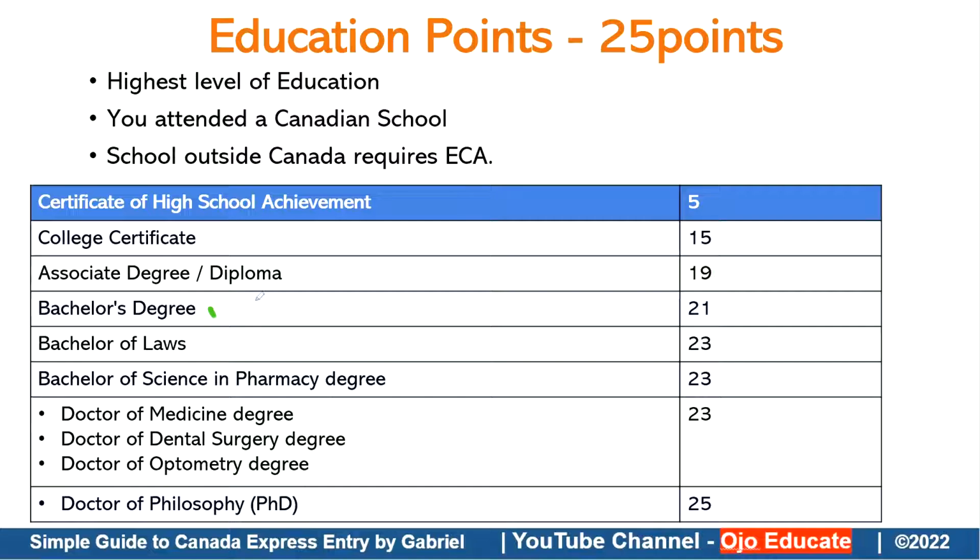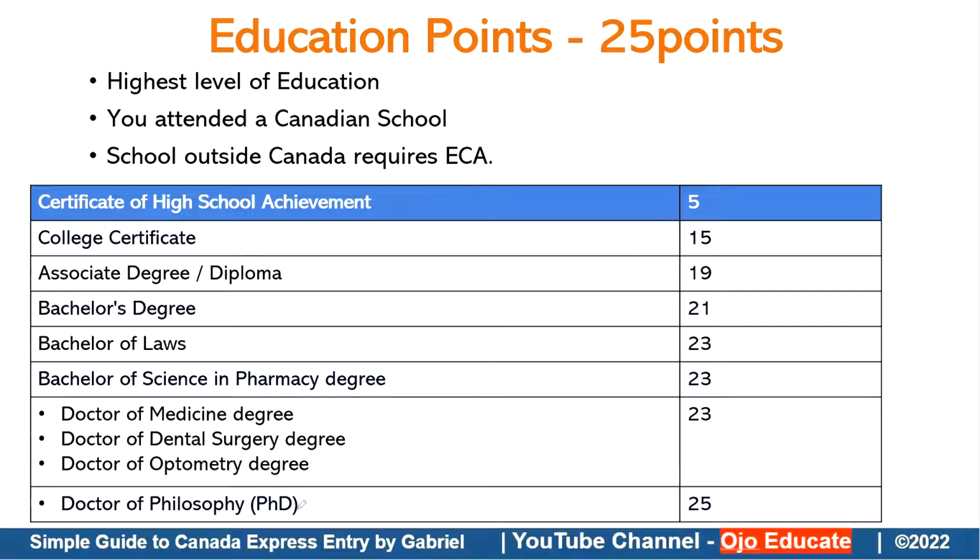A bachelor degree is 21 points. A bachelor of law, for folks that study law in school, is 23 points. A bachelor of pharmacy degree is also 23 points. And for medical doctors, whether dentists or medical doctors, we have 23 points.